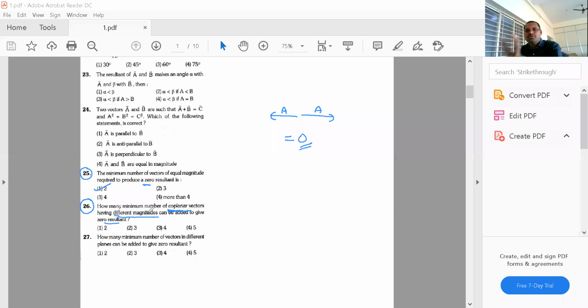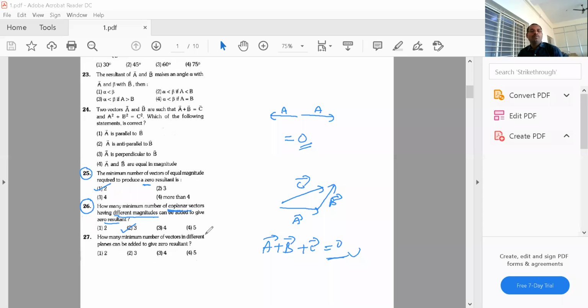Same magnitude means 2 vectors are enough, but different magnitude means minimum 3 are required. That means option 2: minimum 3 required, A, B and C. A plus B plus C is equal to 0 when these 3 are added. Option 2 is the right answer.